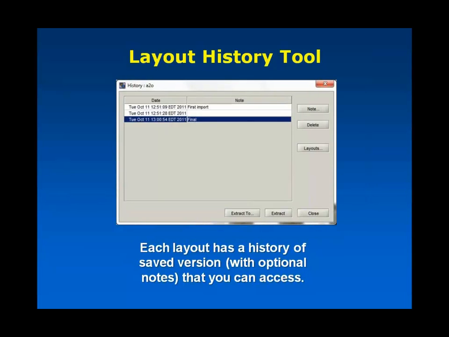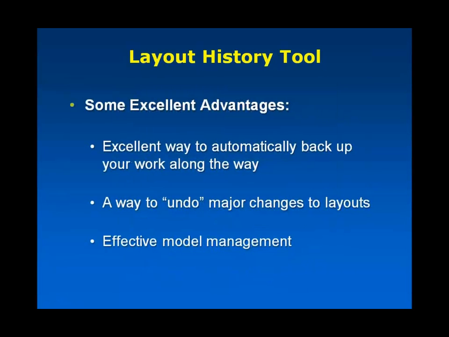You can use the notes field here to add notes as you go along. It's a way to protect your work, keep an automatic backup, and undo changes if you decide you've progressed down a route and would like to go back to a previous version. It's a good way to manage your information.